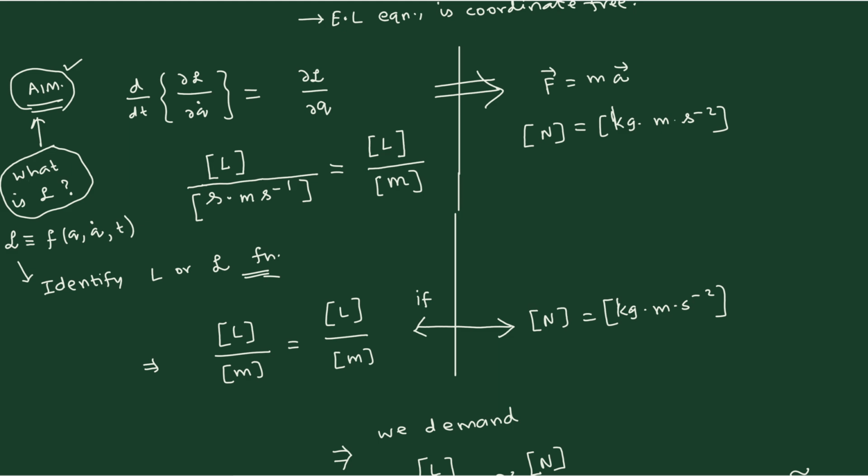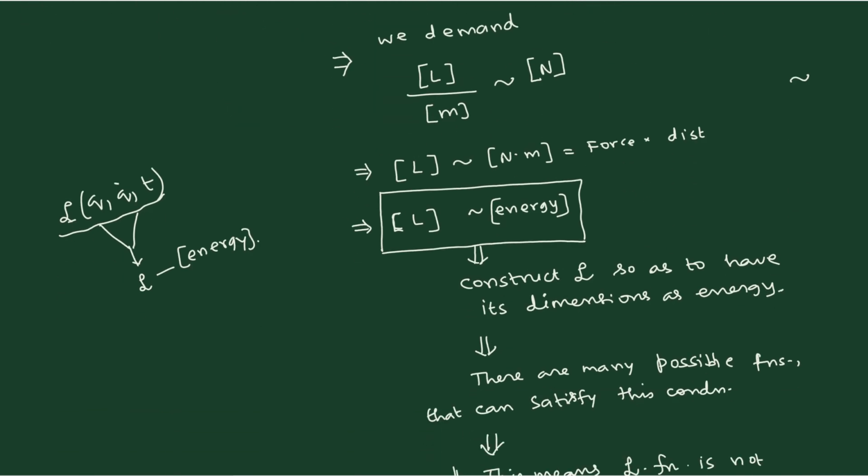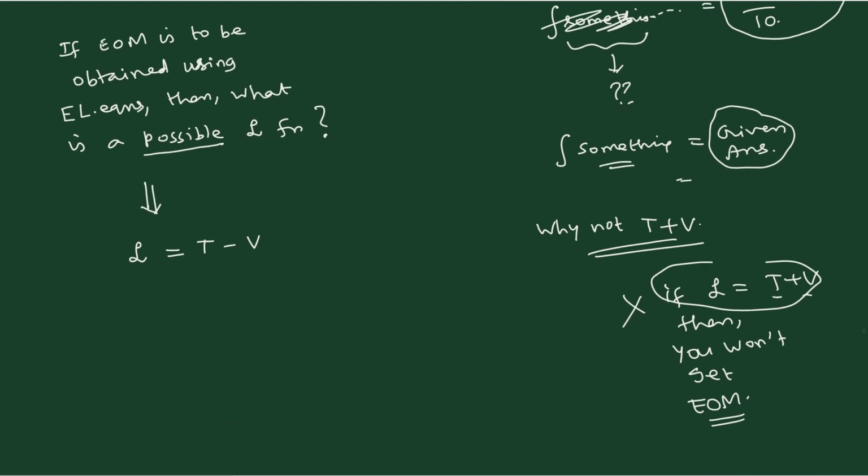Okay, so now we are making that conclusion and then coming to this particular place that people have identified that by doing the reverse calculation, people identified that L equal to T minus V is a good option.